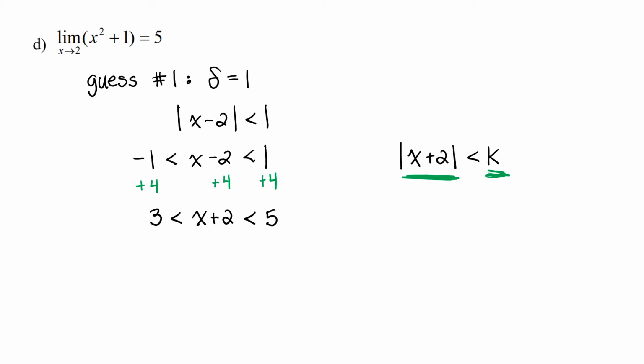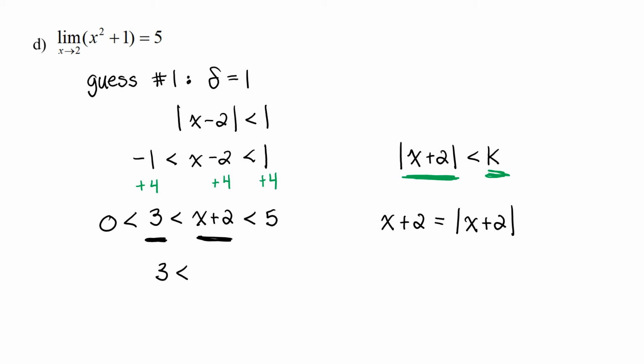And since this is positive, because we're greater than 3, this x plus 2 has to be greater than 3, which means it's also going to be greater than 0. When you have something that's positive, it will equal its absolute value. So x plus 2 will be equal to the absolute value of x plus 2 in this scenario.